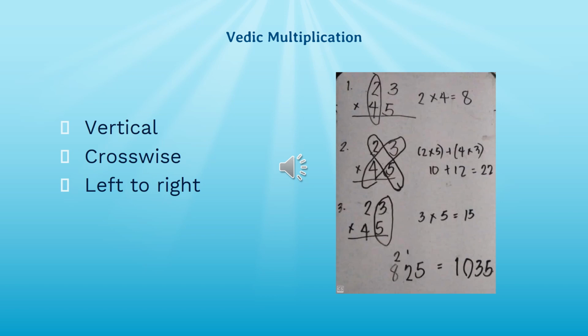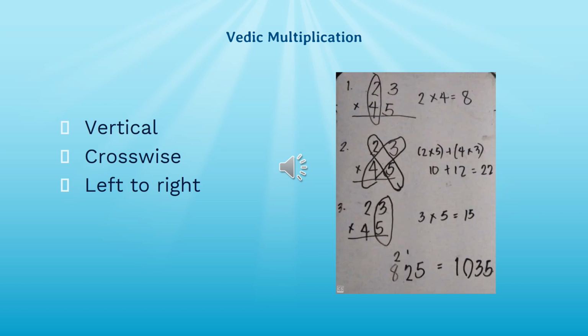Next, we will do the crosswise multiplication, meaning we will multiply the first digit of the first factor by the second digit of the second factor, and conversely the first digit of the second factor times the second digit of the first factor. So here in 23, 2 is to be multiplied by the 5 of 45.